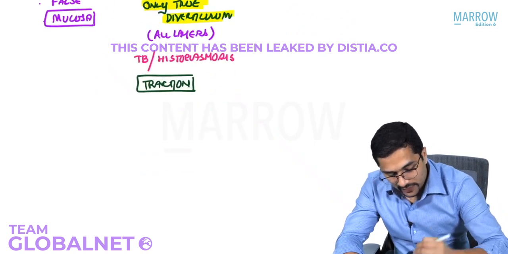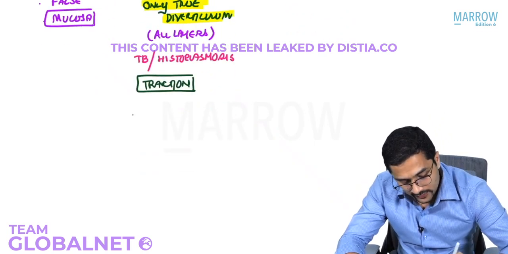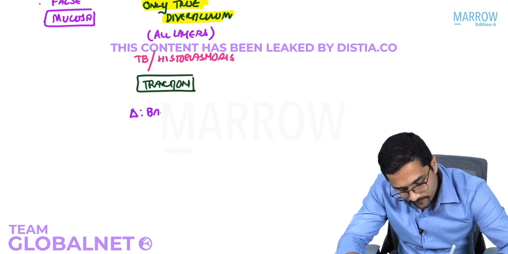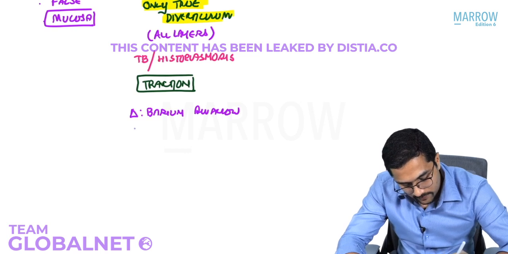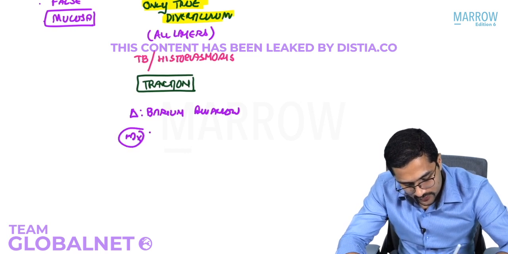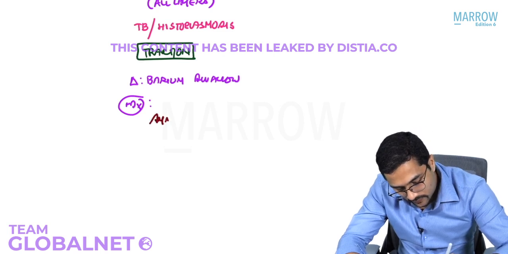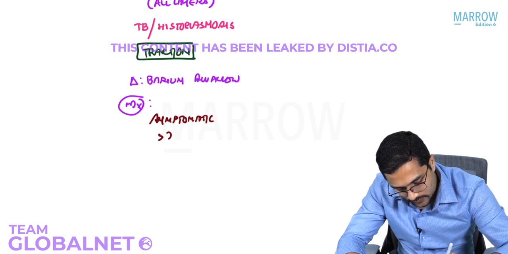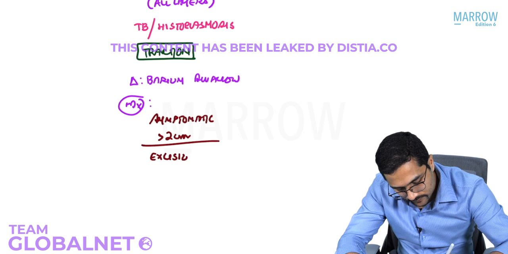So it's a traction diverticulum which pulls out all the layers, and the diagnosis can be made by a barium swallow. And the management of this patient, if it is a symptomatic diverticulum which is more than 2 centimeters, then we need to carry out excision.